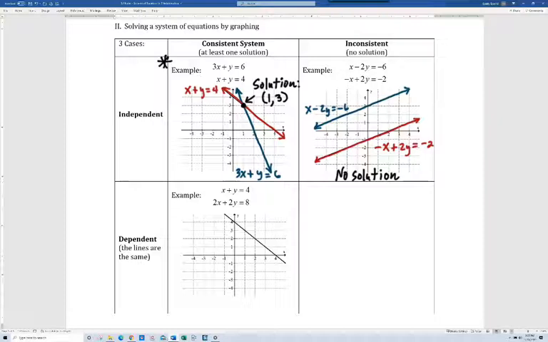Now the third case, which is at the bottom here, you have x plus y equals 4 and 2x plus 2y equals 8. It turns out when you graph these, they're both the same line. In fact, if you look at the second equation, it can be found by just multiplying the first equation by 2 on each side.